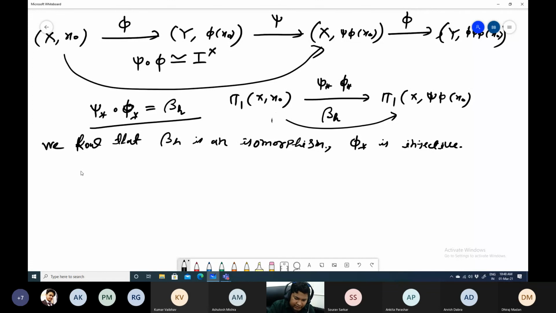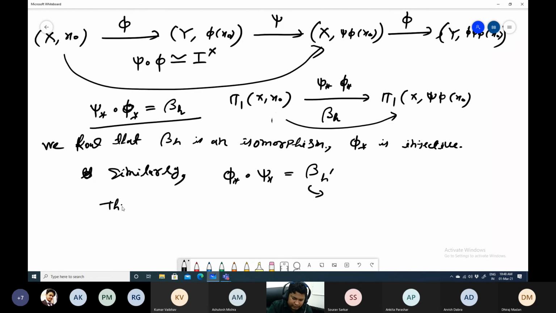Now again, similarly, phi star composed with psi star will be some beta h dash. Again, this is an isomorphism. So thus psi star is injective, right?